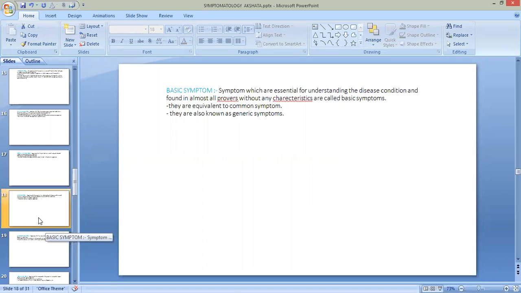Sorry, I think this slide was a bit repeated. Okay, so these symptoms are also called common symptoms or generic symptoms or disease symptoms.